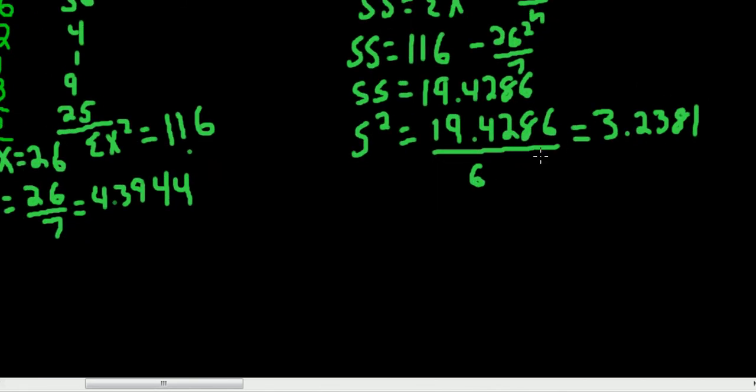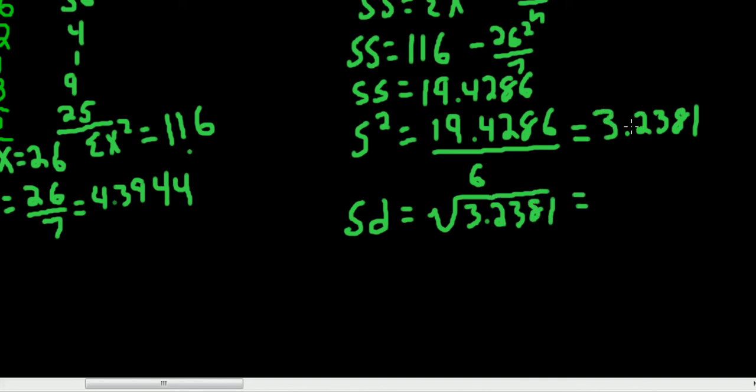Then we can get the standard deviation. Standard deviation is simply the square root of the variance. The standard deviation is 1.7995.